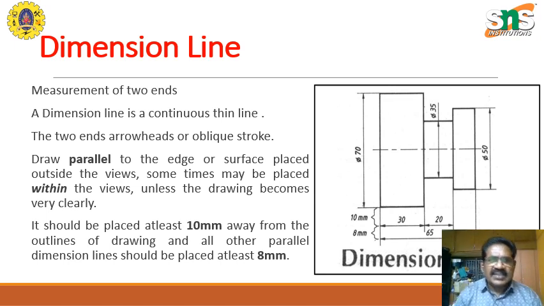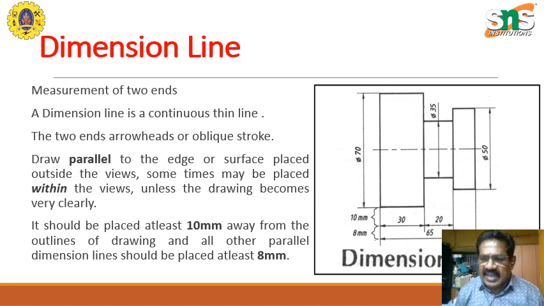A dimension line is a continuous thin line. At the two ends, I can have an arrow or an oblique stroke. It is drawn parallel to the edge of the surface and placed outside, and within the boundaries, we put a dimension line and then write down a text there.